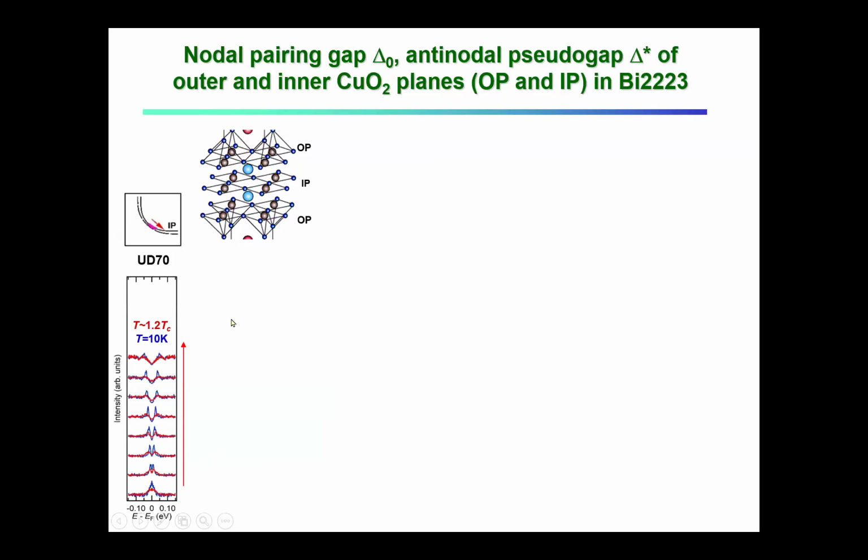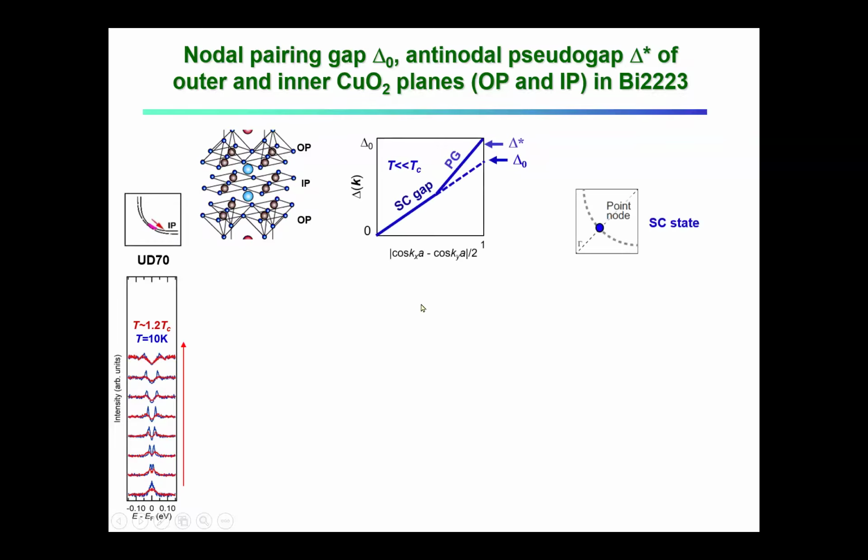Now, these are typical spectra from node to anti-node, off-node, and the superconducting gap is d-wave like, but above TC, there is still a pseudo gap of similar magnitude.